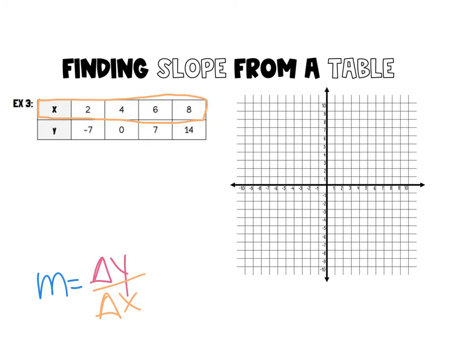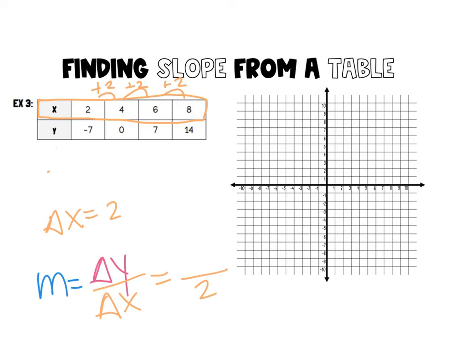So from 2 to 4, the change is adding 2. From 4 to 6, add 2. 6 to 8, we're adding 2. So that means my change in x is 2, and I'm going to write that in my denominator.